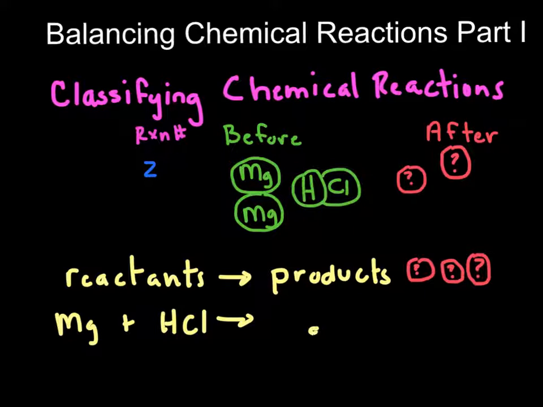We know we produced some sort of a gas, but we don't know that format. And we also know that we have some sort of a solution, but we don't know what the formula is for that either. Before we can start predicting our products, we have to learn how to account for the law of conservation of mass through writing and balancing chemical equations.